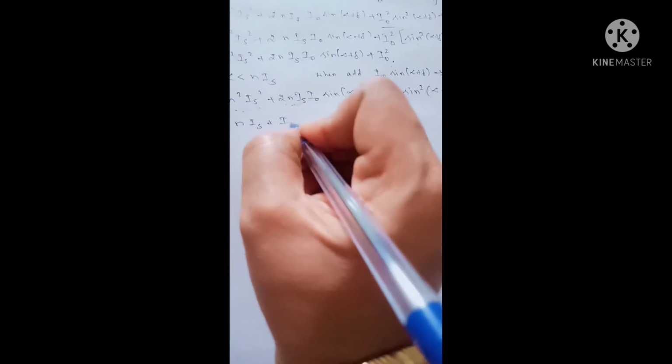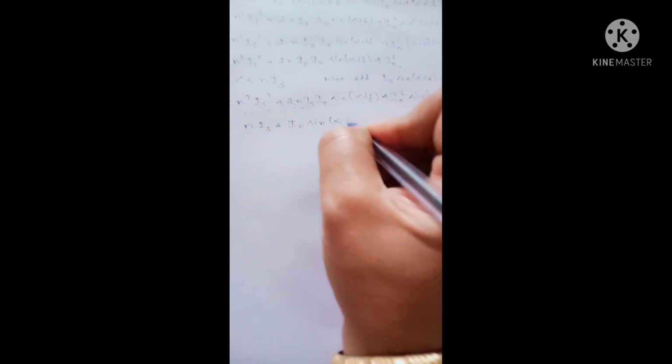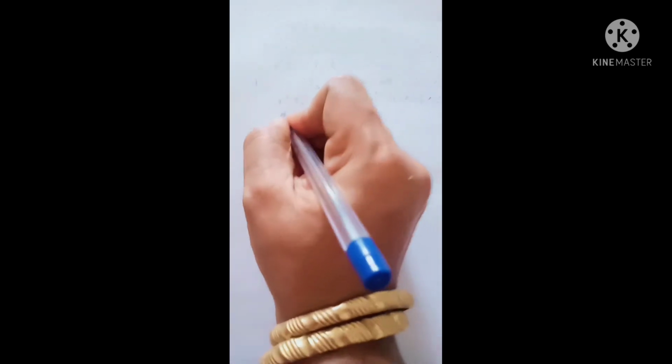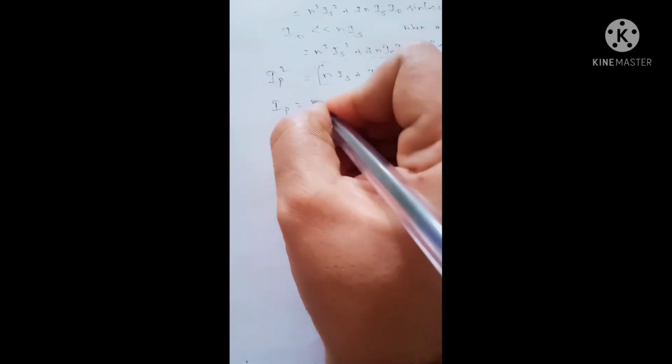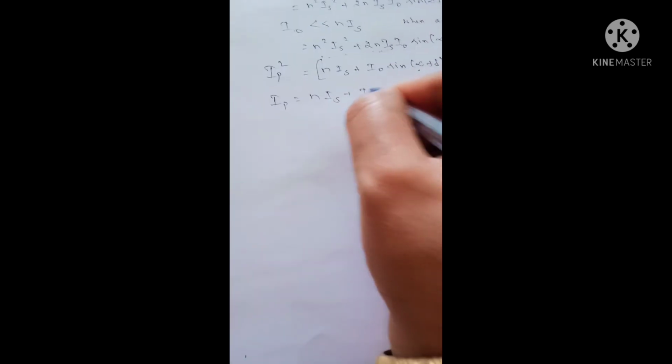So we can write it as a plus b the whole square. Ip square is equal to nIs plus I naught sine of alpha plus delta the whole square. So Ip will be nothing but nIs plus I naught sine of alpha plus delta. So this is our Ip equation.